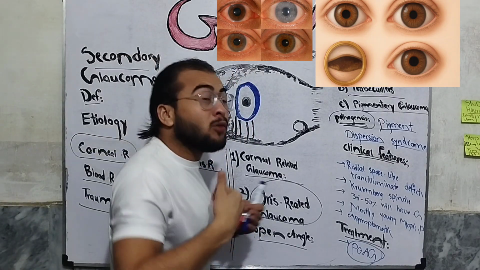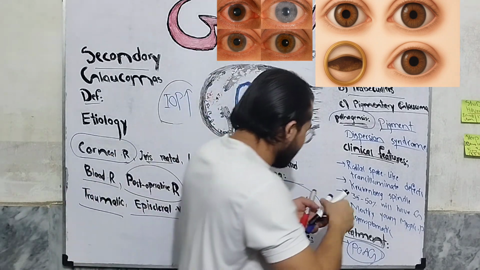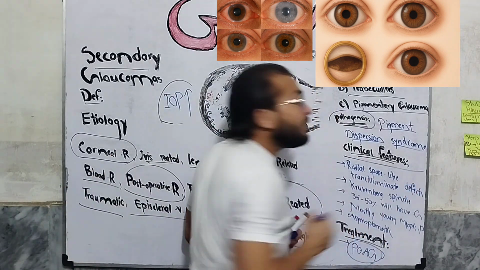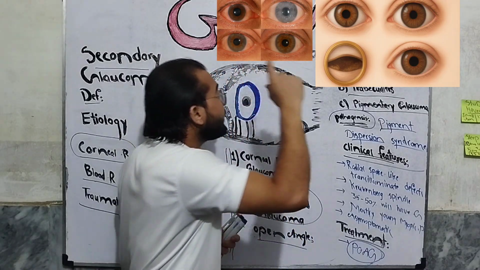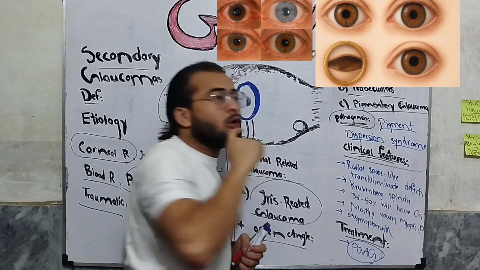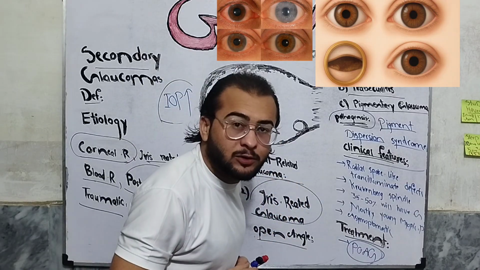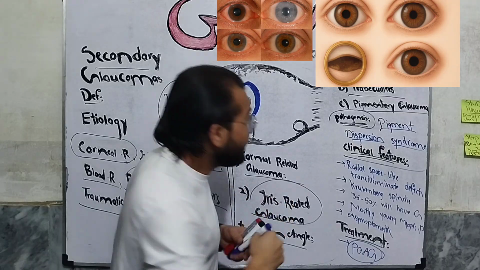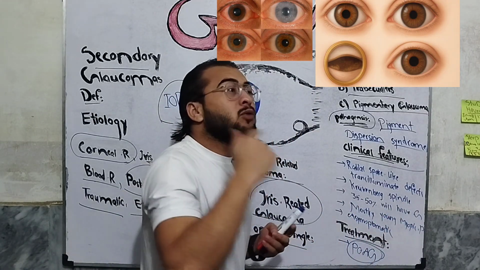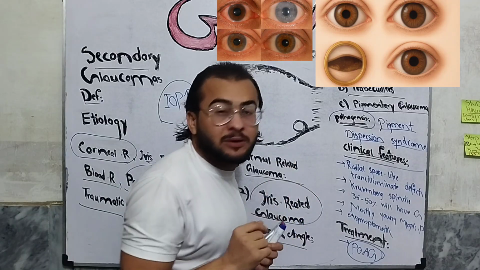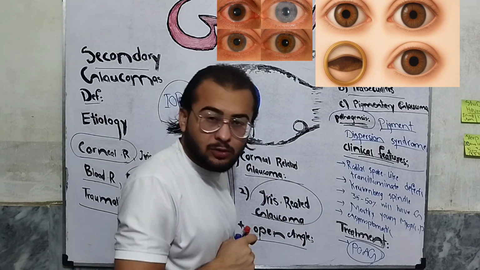Now, how will the patient present to us with pigmentary glaucoma? The clinical features: first of all, remember, guys, pigmentary glaucoma is mostly prevalent in young myopic patients, like me. About 35 to 50% of people develop pigmentary glaucoma with this syndrome.